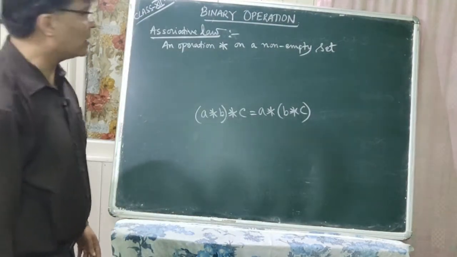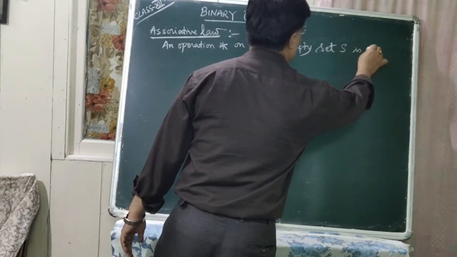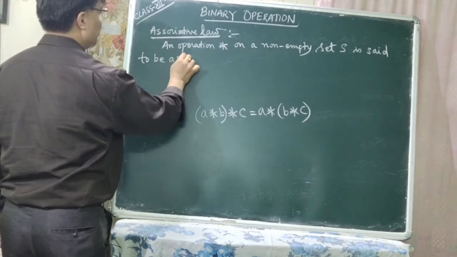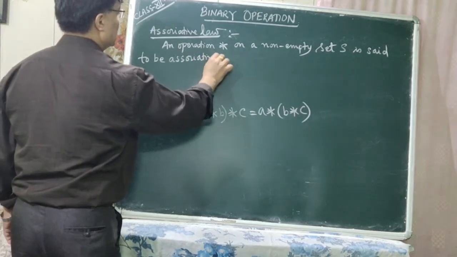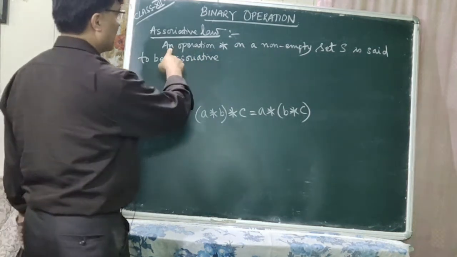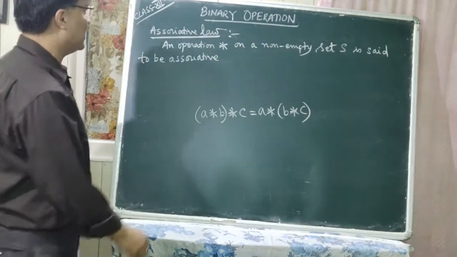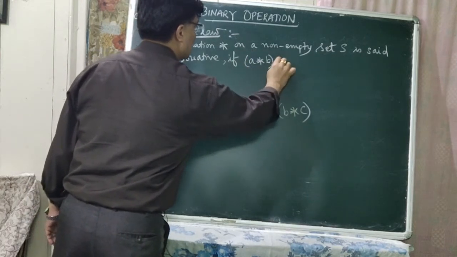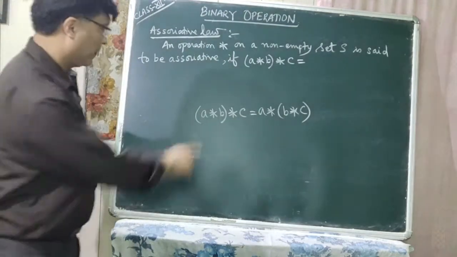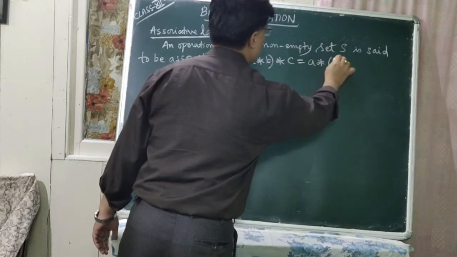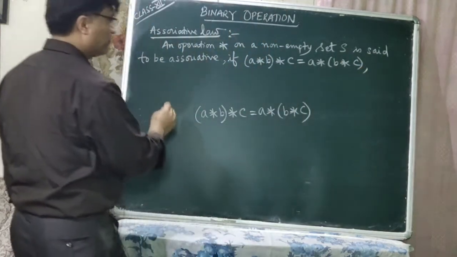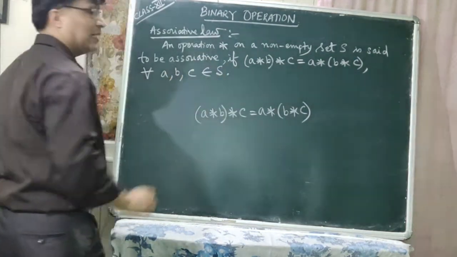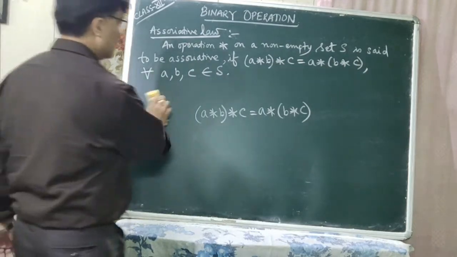An operation star on a non-empty set S is said to be associative if (A star B) star C is equal to A star (B star C) for all A, B, C belonging to the set S. So this is your associative law.